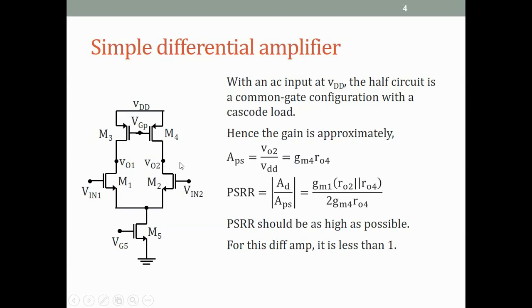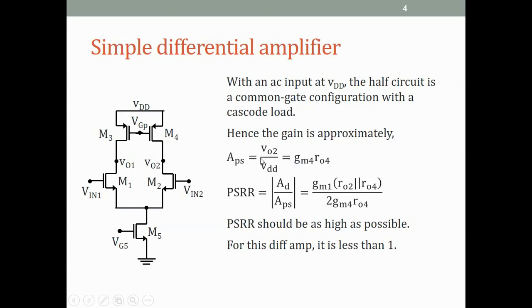So the equivalent resistance looking in the output is simply RO4, and therefore the gain from VDD to VO2 is gm4 RO4, the gm4 of this transistor times RO4. Roughly speaking, we've done an exact derivation of a common gate stage before.